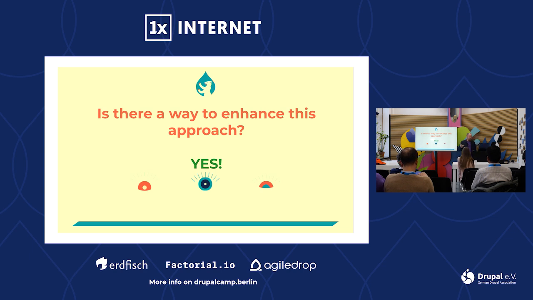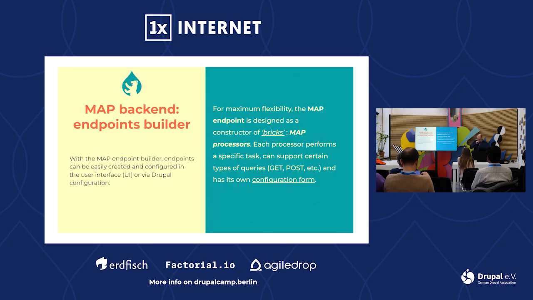That's why we should have some kind of functionality encapsulation. So we decided that our map endpoints should be like an endpoint builder. It should be like a constructor with bricks, map processors. Each processor performs a specific task. It can support certain types of query, get, post, and it has its own configuration form.